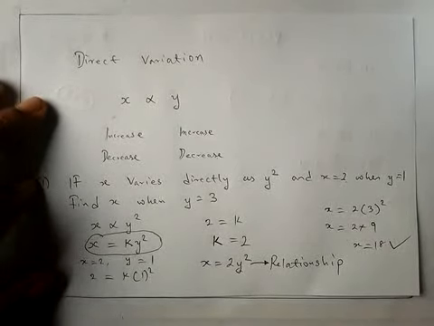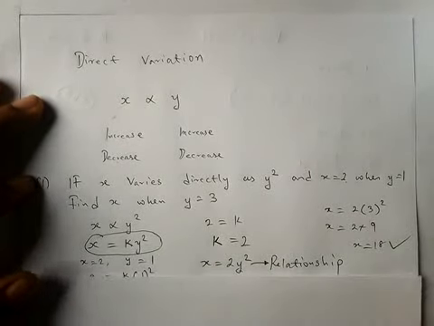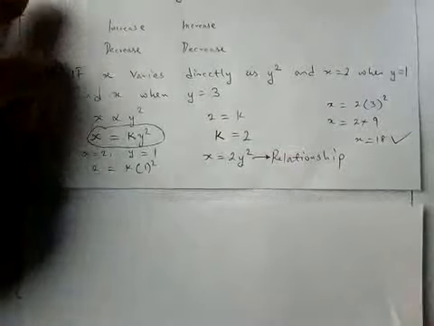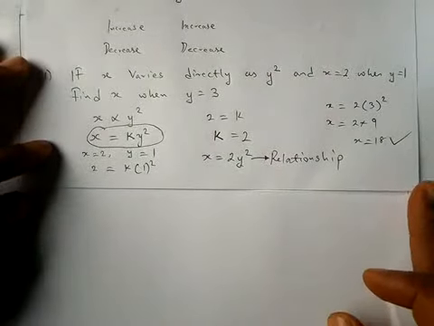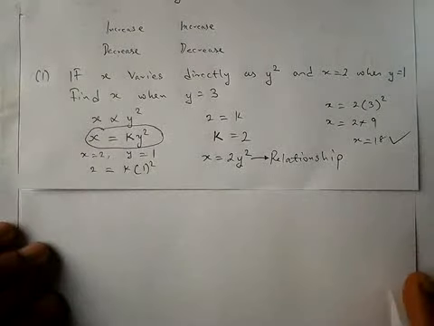Now I know we are dealing with Jamb, so we have to look for means to buy time. I'll be introducing you to faster methods so that it will be easier for us as we proceed.